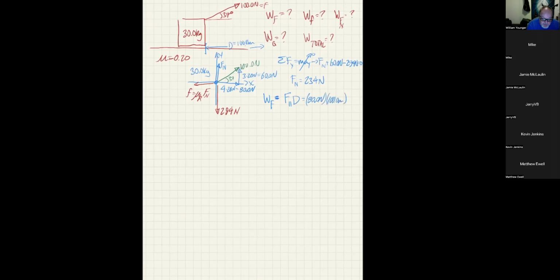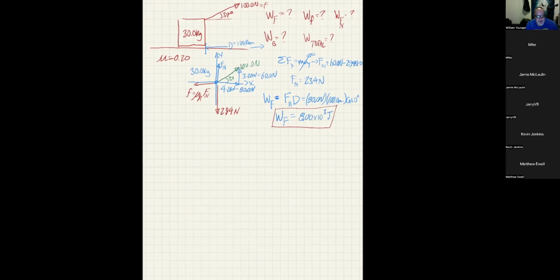And I'm going to get the work done by me is equal to, notice the cosine in this case would be cosine of 0. Because basically I could have used the cosine of 37, but that's how I got the 80 anyways. So either one of those works out to do it. So this is going to be 8.00 times 10 to the third joules of work done by me.